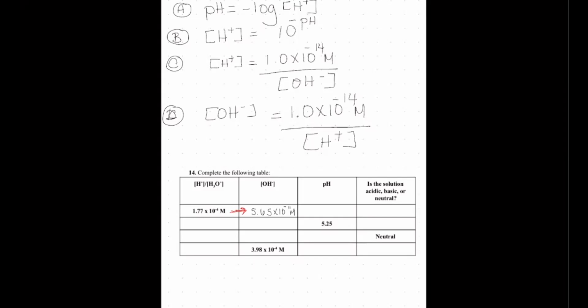Now, if I'm given this, how do I find pH? Which equation do I need? A, B, C, or D? Great job, exactly. We need equation A. So we're going to do negative log of 1.77 times 10 to the negative 4.